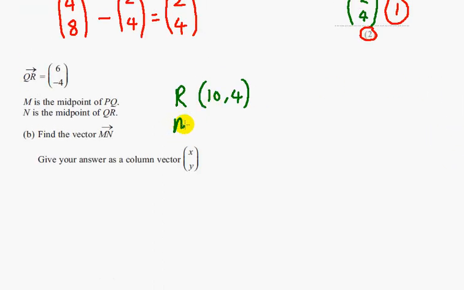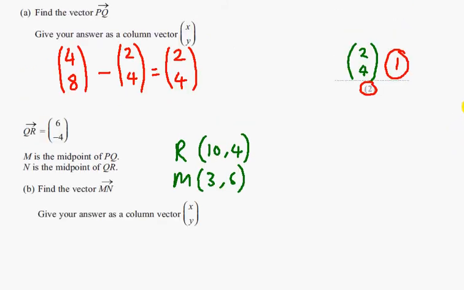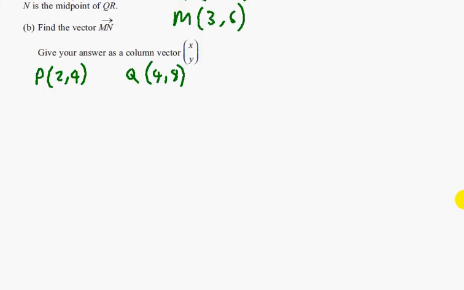Now we could also use the formula to find midpoints. I'll just show you that now. P is (2, 4) and Q is (4, 8). We could find the average, the mean value of the x's and the y's.